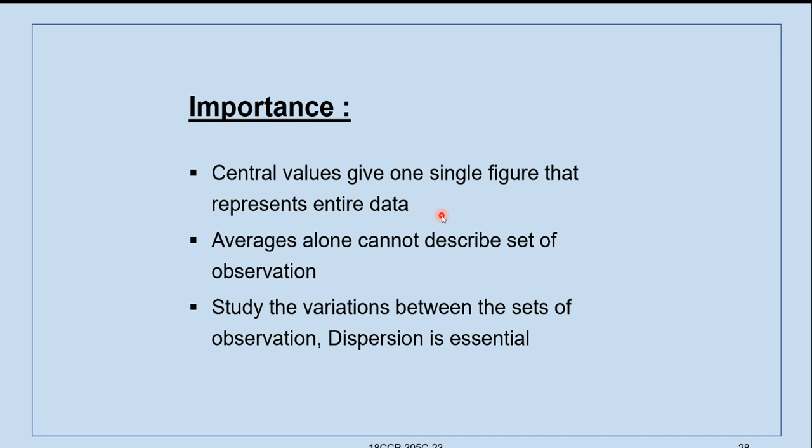This we have seen. That is why we are trying to study and understand measures of dispersion. Study the variations between the sets of observation. To study the variation between the given variables, measures of dispersion are very essential, very important.